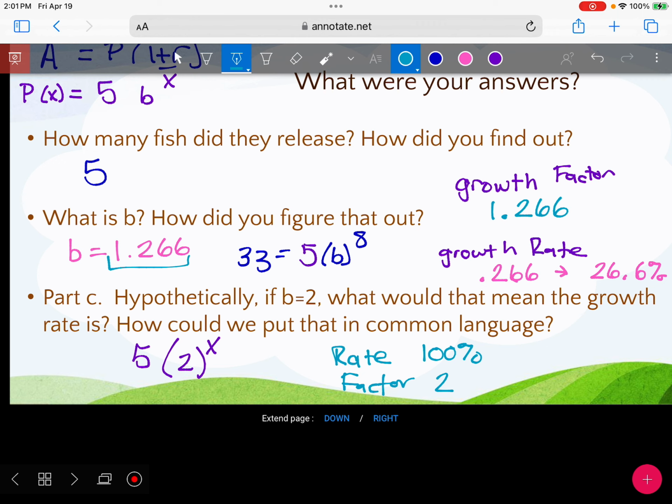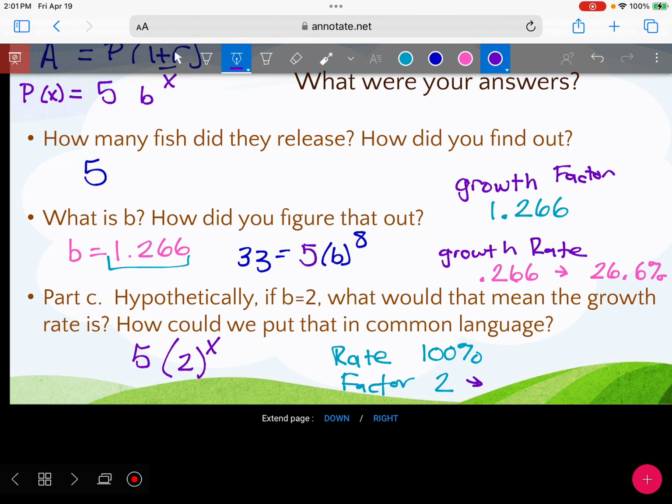So if it is increasing by 100%, that means it's being raised by a factor of 2. In common language, what does it mean if it's got a growth factor of 2? What's another word we could use for that? It's a word that you know and that we've used, but not in a long time.